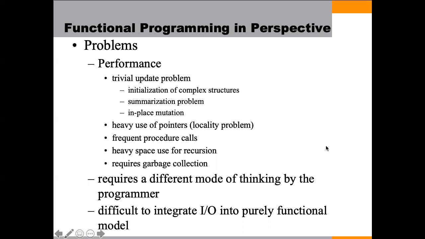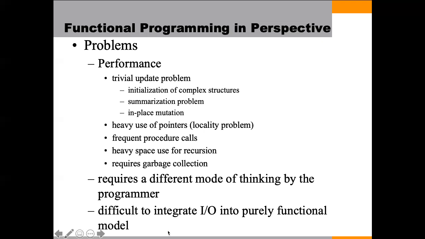Frequent procedure calls is not good because you end up with a lot of overhead with having to push stack frames and pop stack frames. Then associated with that is a heavy space use for recursion because every stack frame adds an additional thing that needs to store registers, return pointers, and the like.